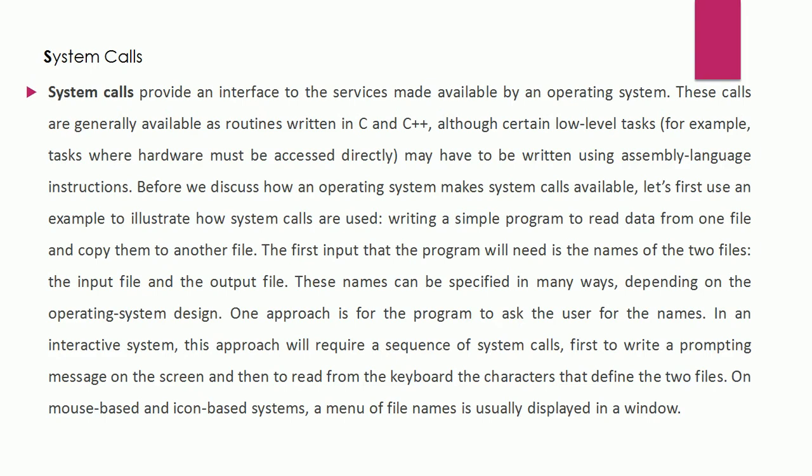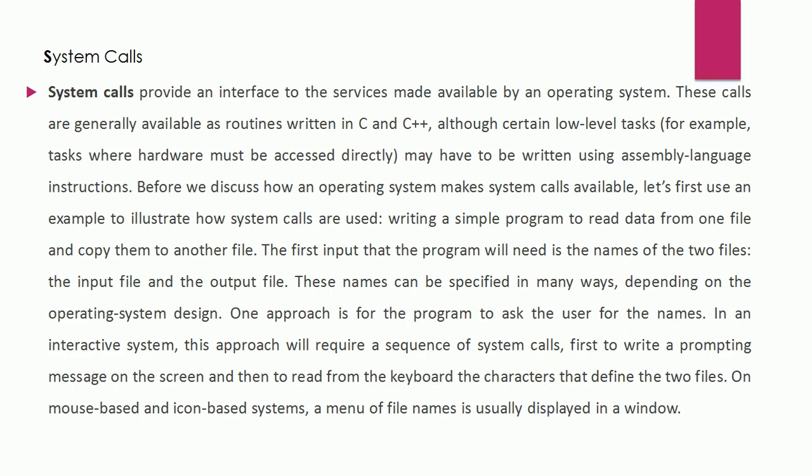Writing a simple program to read data from one file and copy it to another file. The first input that the program will need is the names of two files, one as the input file and the second as the output file.